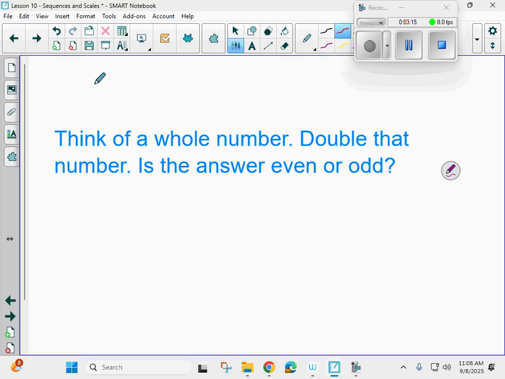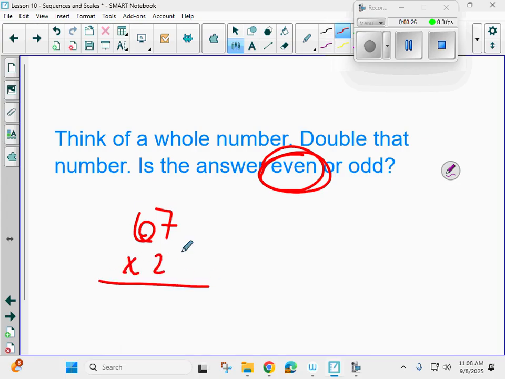Marcus, what was your number? Okay, that's nice. We're going to double it. What's 7 times 2? 14. So this number is even because it ends in a 4. Any number that you multiply by 2, that you double, is going to be even.